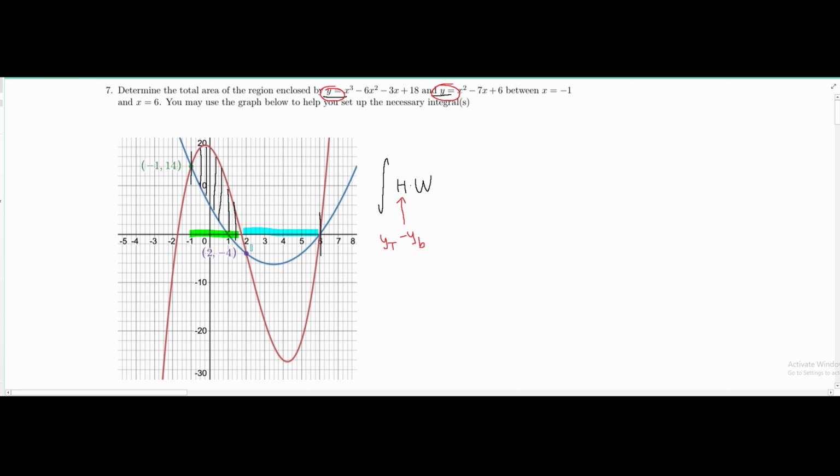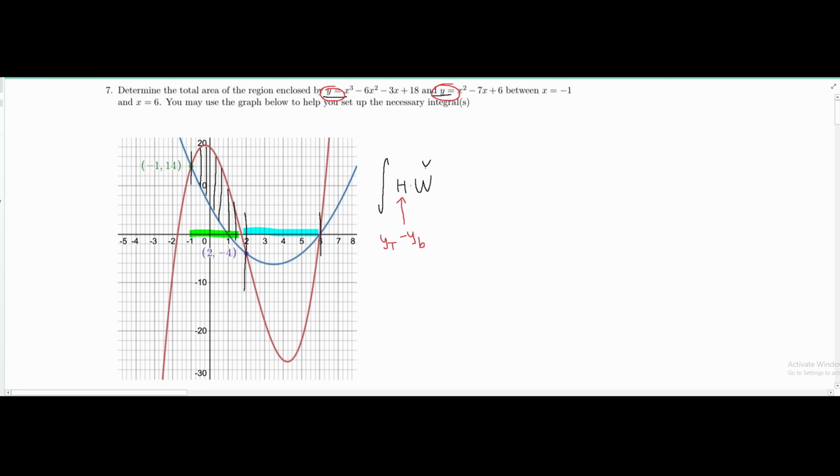So we're going to actually have to break this up and solve this 2 different times. We're going to have to solve for this left side that's in green because the red part's on top. And then we're going to have to solve for the right side where the blue part is on top. But for both terms, it's going to be y top minus y bottom. That's why we write it like this, so we can just substitute whatever's on top and whatever's on bottom.